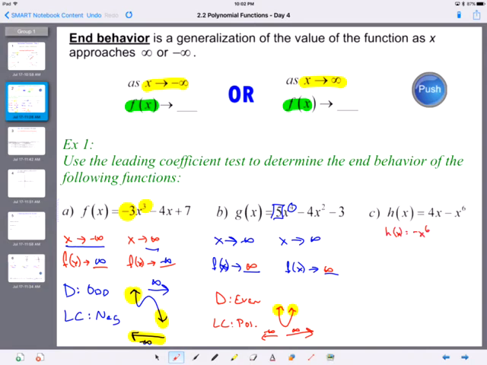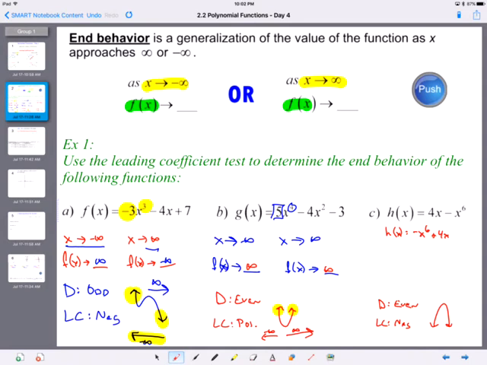And then on the last one here, if you were paying attention, it wasn't in standard form. So if you just looked at the 4 and said, okay, it's positive, well, the leading coefficient has to be the coefficient of the highest degree. So you'd have to switch these around, and now your degree is even and your leading coefficient is negative. So this will be something that opens down because of the even degree and the leading coefficient being negative.